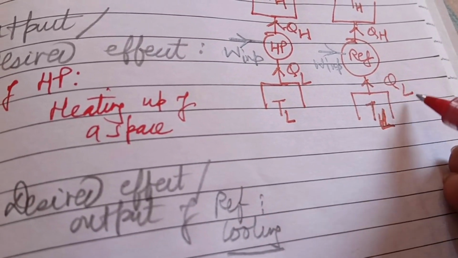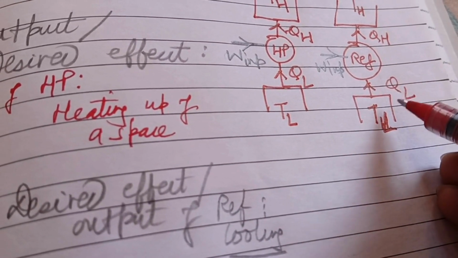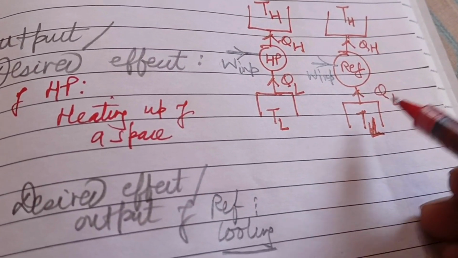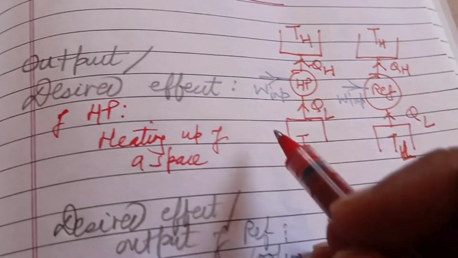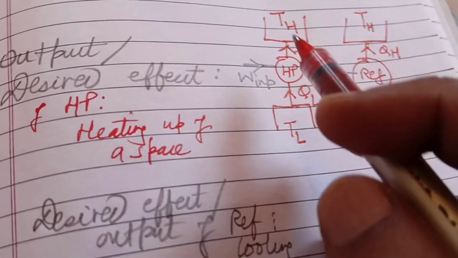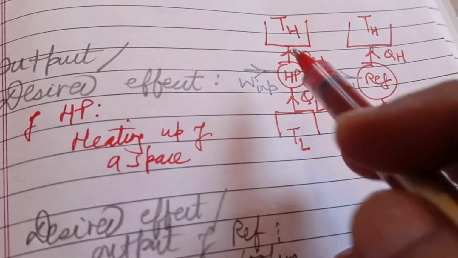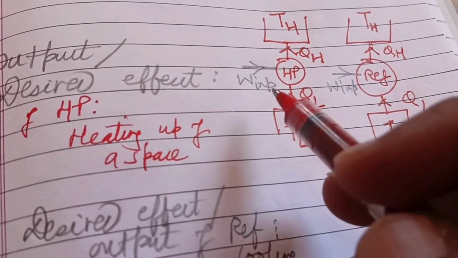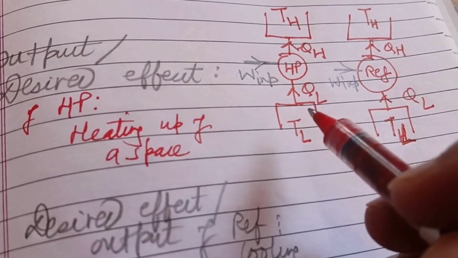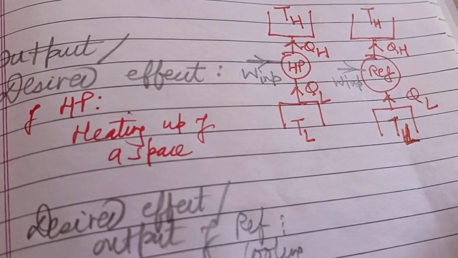So this is the heat absorbed from the body at a lower temperature. So QL is the heat absorbed from this space. And in case of heat pump, what is happening? In order to heat up this space, you are giving work input as well as heat is being absorbed from a body maintained at a lower temperature. So here arises the difference.